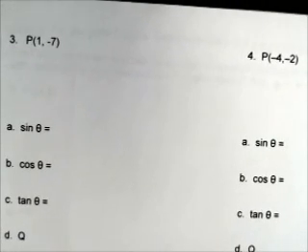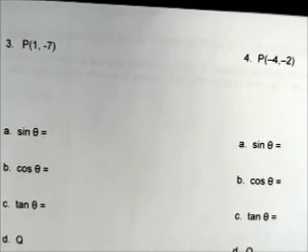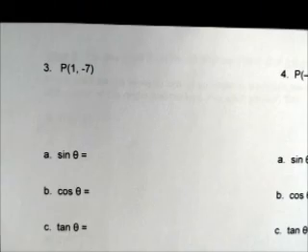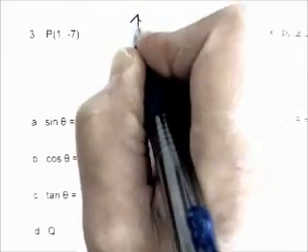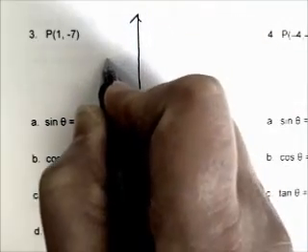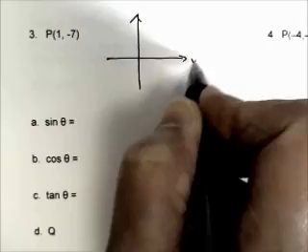And you can pause the video if you like and try the next 2 on your own. Number 3, we have point P has coordinates 1, negative 7. So let's just draw an x and y coordinate plane here.